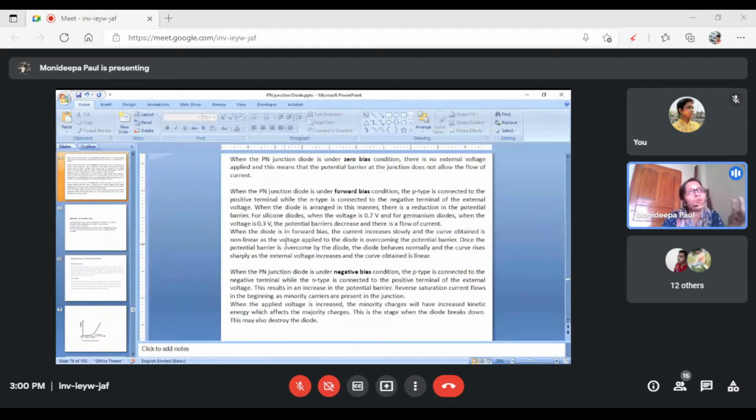How much voltage you can apply in the reverse bias condition is determined by the peak inverse voltage of that particular diode. The peak inverse voltage changes from diode to diode. So for a particular diode, there is a specific magnitude we can apply in the reverse direction.